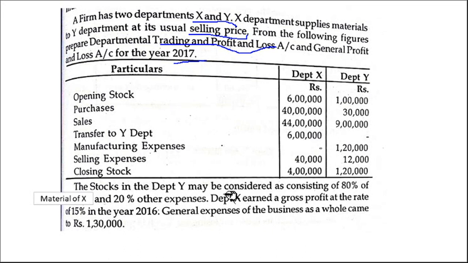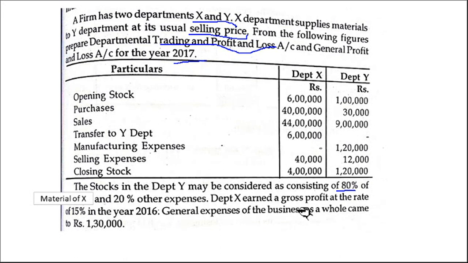The stock in the department Y may be considered as consisting of 80% of the material of X. So you know which department sends, X, and which department receives, Y. Whatever stock Y department has, 80% of its stock belongs to X department, material of X, okay, and 20% other expenses. So this is important in order to calculate the stock reserve.